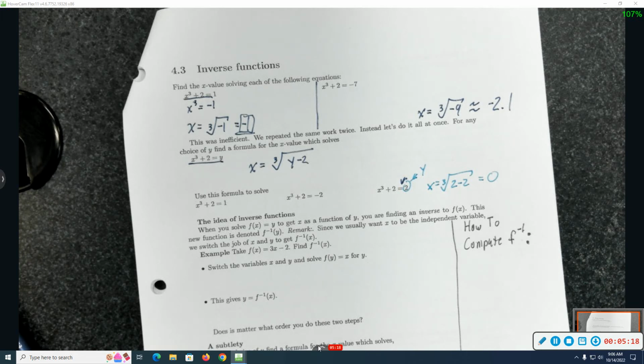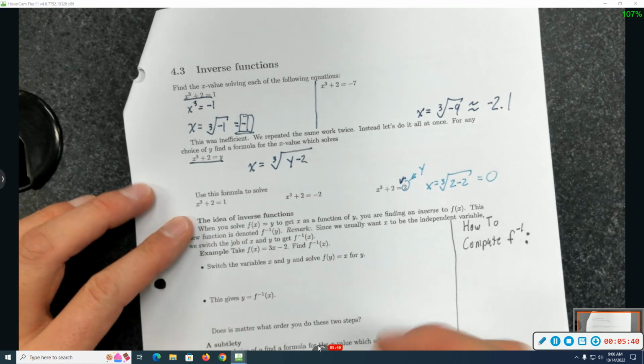And this is exactly what the concept of an inverse function is. An inverse function is the idea that you have some equation you want to solve many times, so you solve it in the abstract once, give the solution a name, call it f inverse of x, and then you can just use this formula.